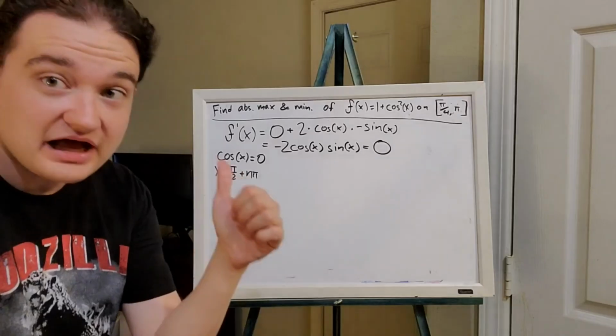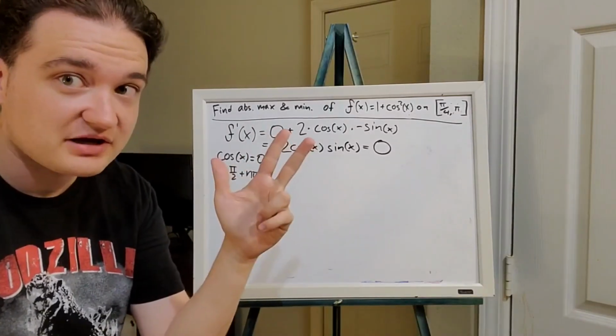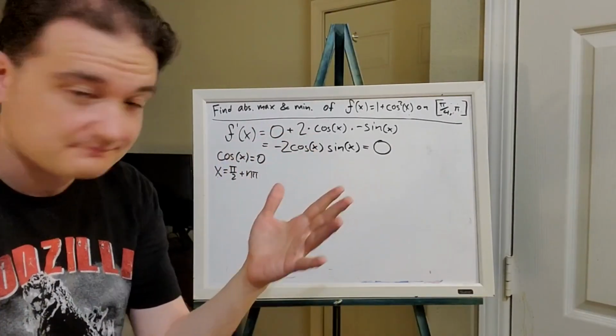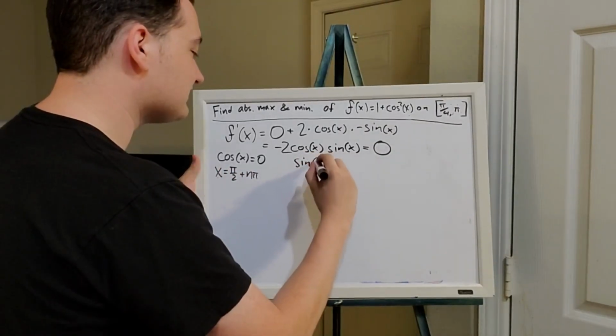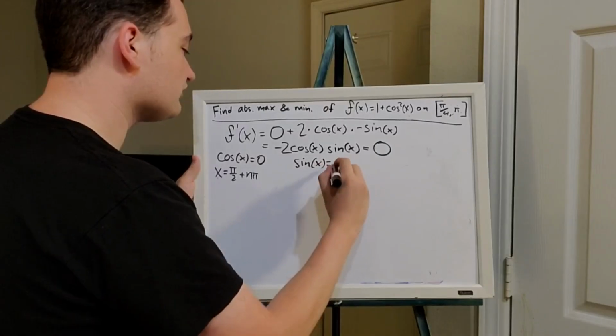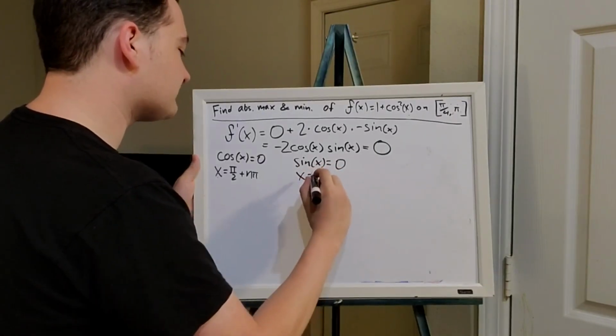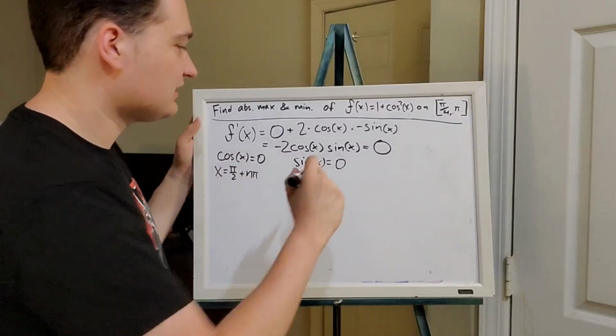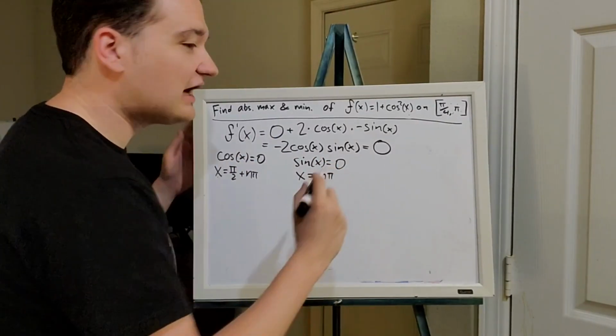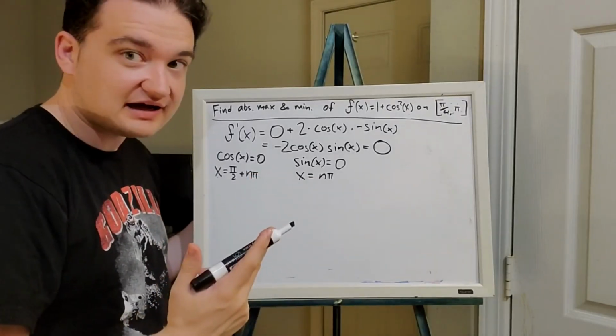So that's going to be pi over 2, 3 pi over 2, 5 pi over 2, 7 pi over 2, you get the picture, right? And sine of x, if we set that equal to 0, then that gives us x values that are just multiples of pi. So that's 0, pi, 2 pi, 3 pi.